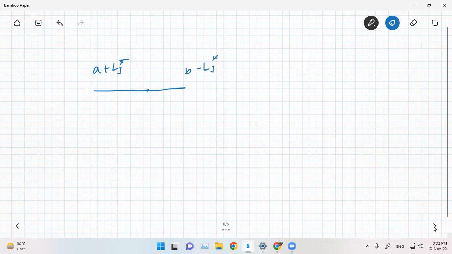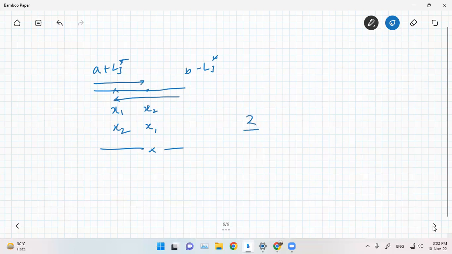It may also happen that b minus Lj star comes here and a plus Lj star goes there. So not necessarily always this has to be x1 and x2. It can also reverse, like this one can be your x2 and this one can be x1. This is one scenario that may appear, but nothing to be worried about. Always remember that in the first iteration, you will have two experiments and in the rest, you will always have one. It will retain one of the previous values and one new experiment will be added.